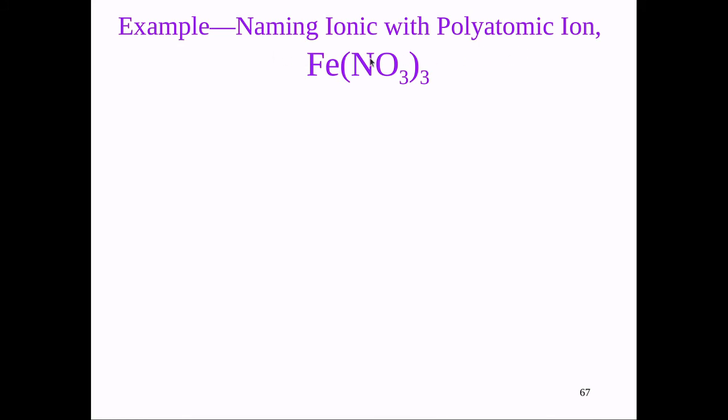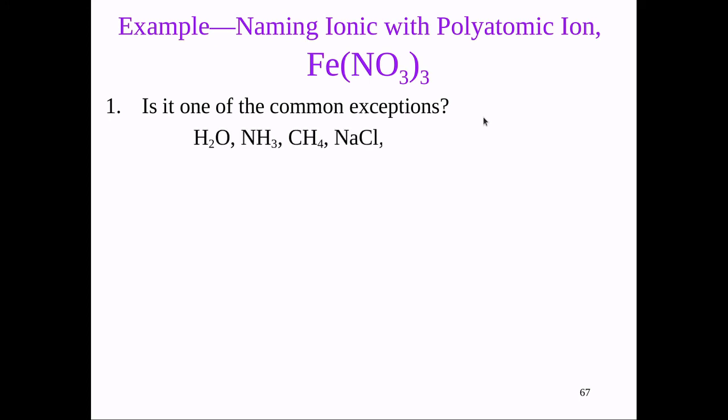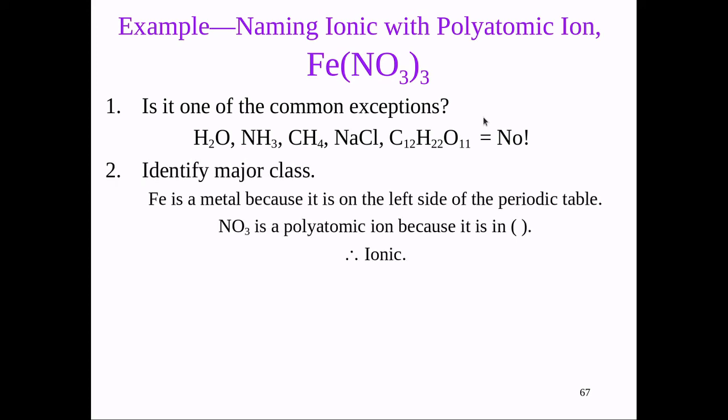We have a situation where we have a metal and we do not know its charge, right? We can go through and do the exact same thing with the naming. First we ask, is it one of the exceptions? No. Then we know that it is ionic, again, because we have a metal present, so it's always going to be ionic.